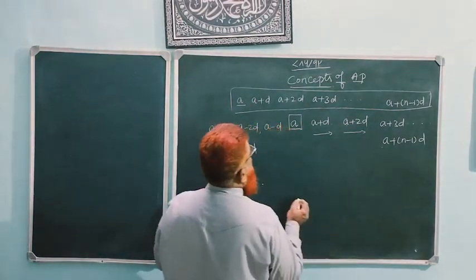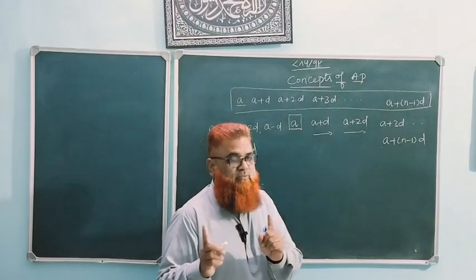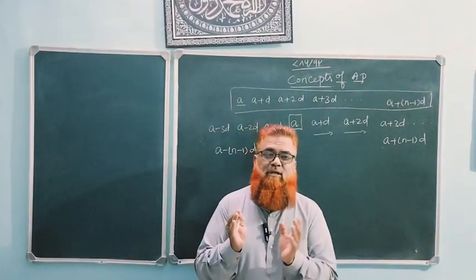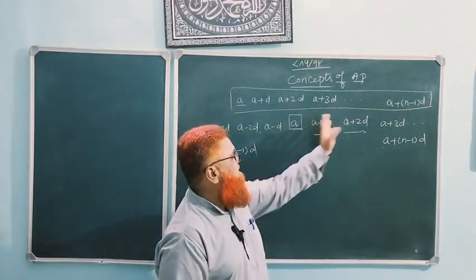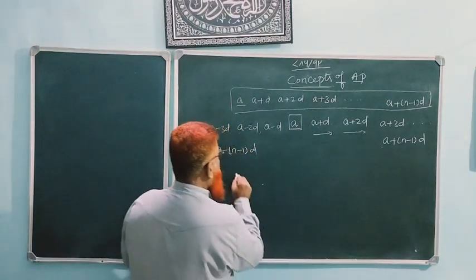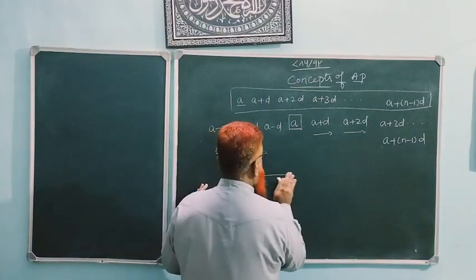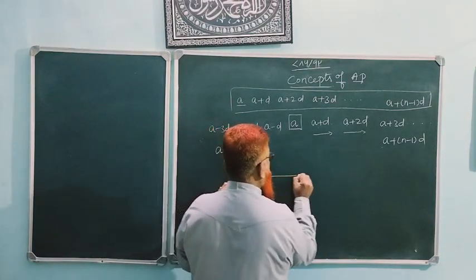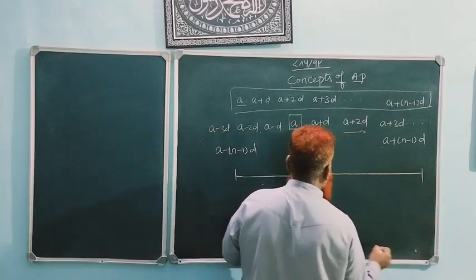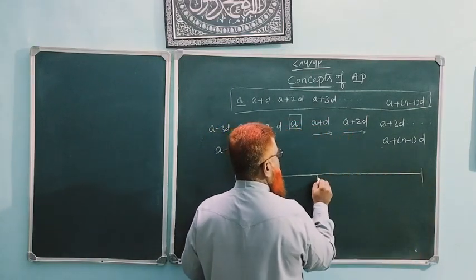Now, one important concept we are discussing today about the AP. The first concept is this one. I represent this form of arithmetic progression on the number line.